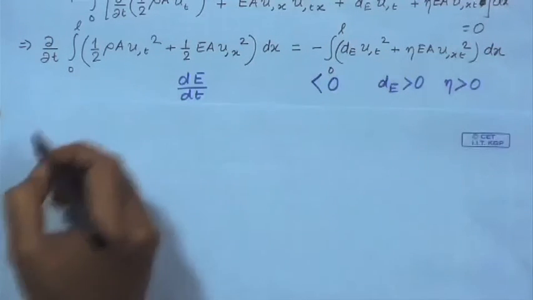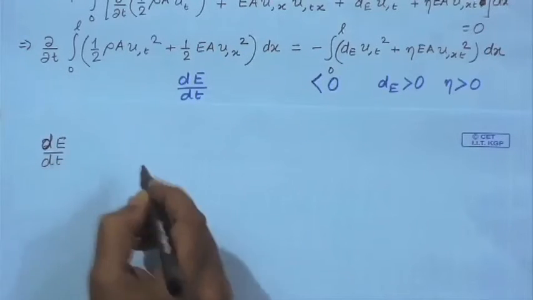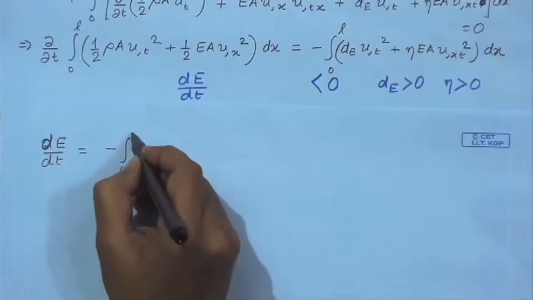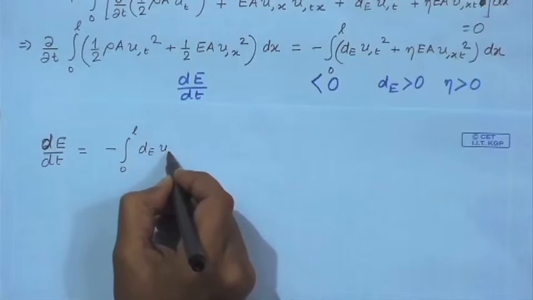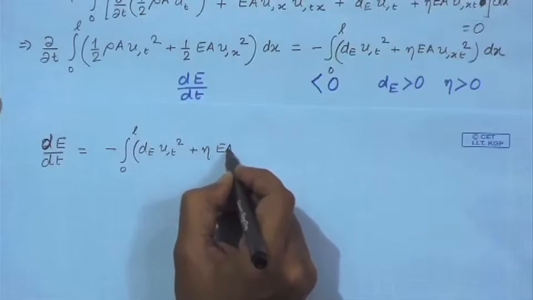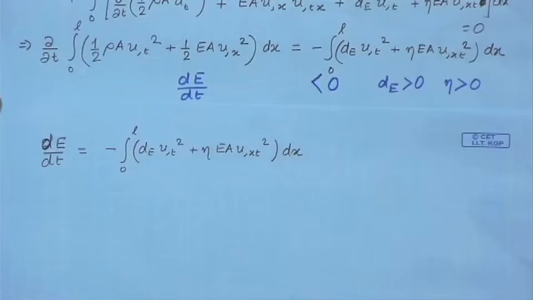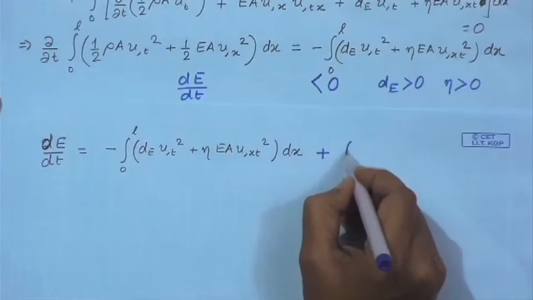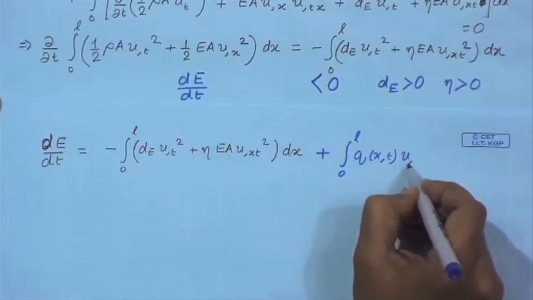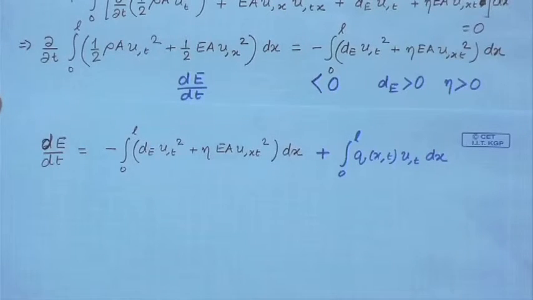In that case this energy equation, I will write as d E dt, and suppose in addition you have forcing. So, this additional term would come because of external forcing.